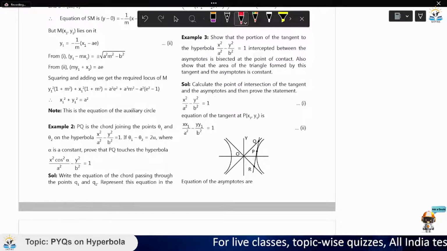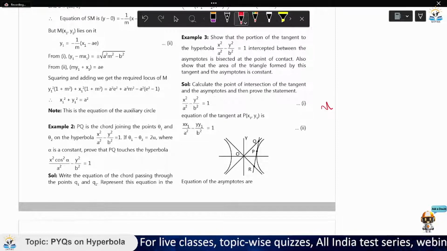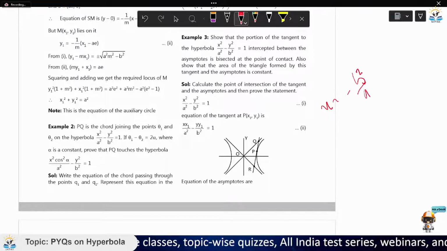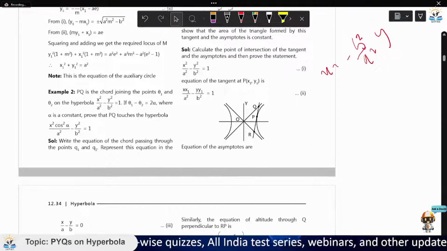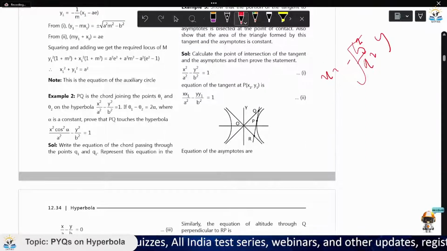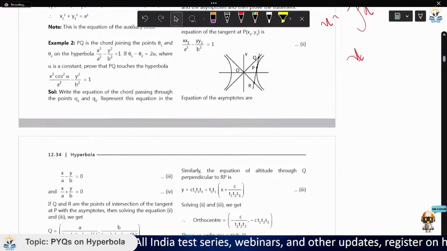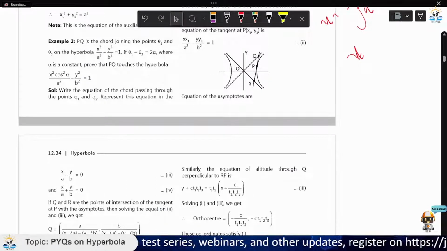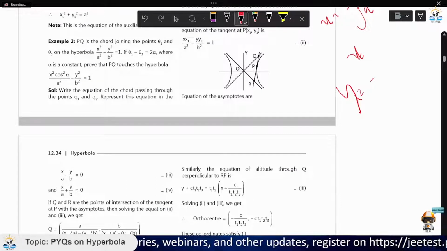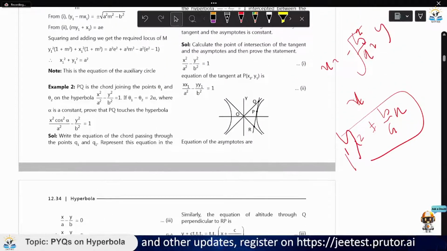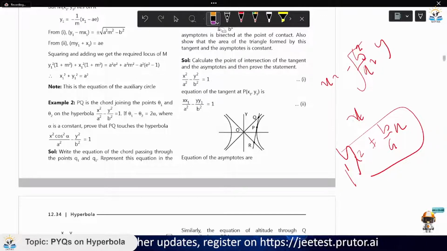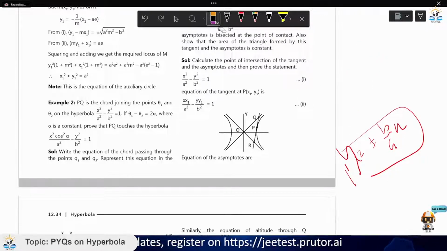What we do here is, we know what asymptotes look like, right? The asymptotes are y equals plus or minus b by a x. Sorry, it's not square, it's the root of this, my bad. This is what we have. I saw it just now, but I was aware it was something of this kind. So this is what the asymptotes look like.